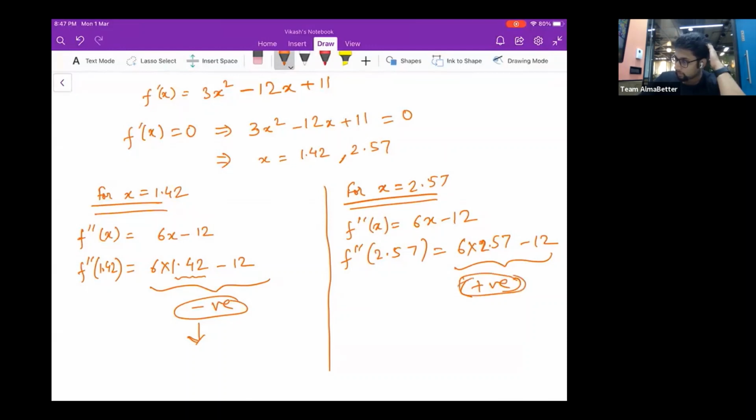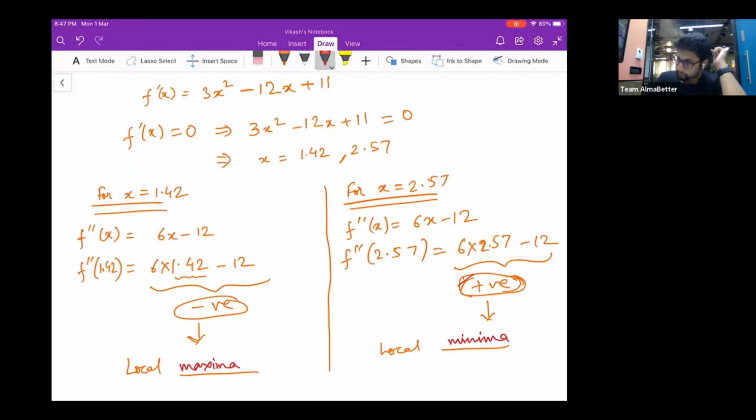And similarly, what about this? So this is local maxima because this is negative, right? And this is local minima because this is positive. So the second derivative is positive, and that's why this is the point of local minima.